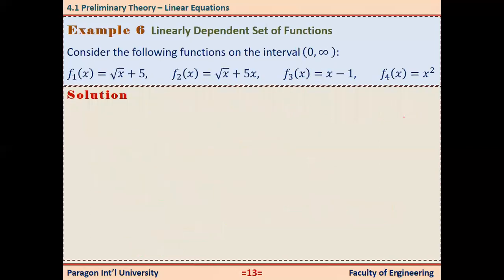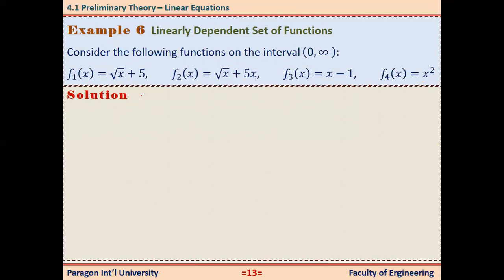Another example, linearly dependent set of functions. Consider the following functions on the interval from 0 to positive infinity: square root of x plus 5, square root of x plus 5x, x minus 1, and x squared. So I'm just writing them here.